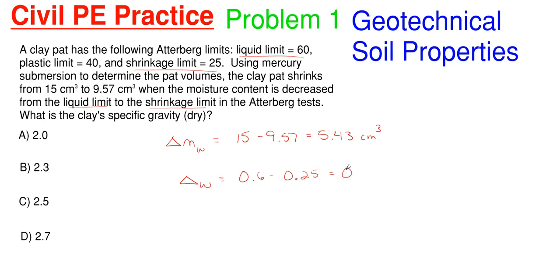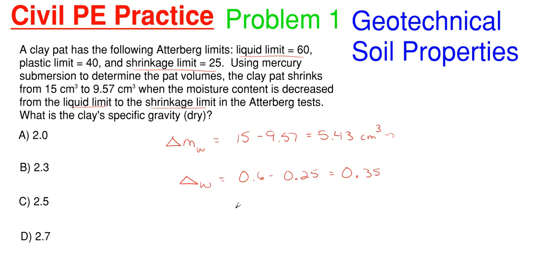And that gives us a total fractional mass loss of 0.35. So essentially, as I was stating earlier, the mass of water is 1 gram per cubic centimeter, so the mass loss here is 5.43 grams as well as cubic centimeters.